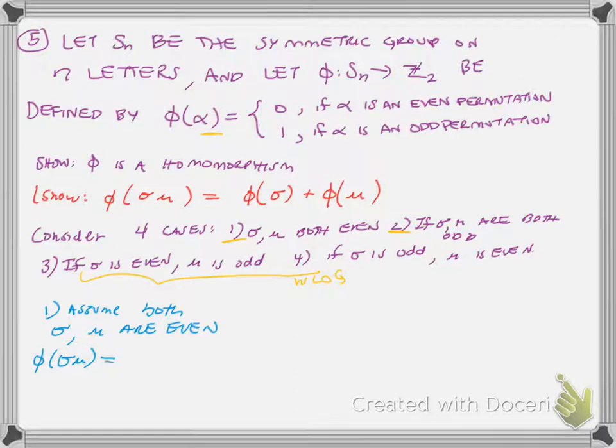And so this will equal 0, okay? Which is the same as phi of sigma plus phi of mu, right? Or another way, I think a better way to write this is it equals 0, which is the same as 0 plus 0, which is phi of sigma plus phi of mu. Okay.